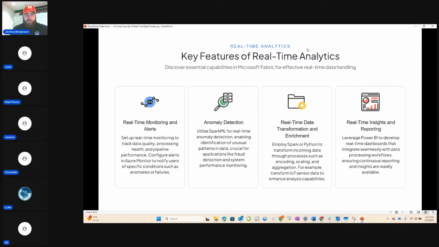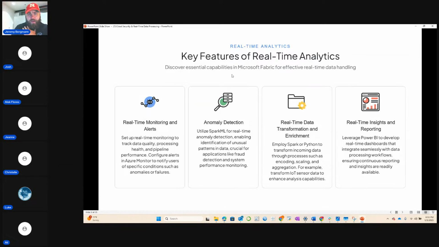Okay, key features of real-time analytics. Some of the essential capabilities in the Microsoft data platform for effective real-time data handling. First, real-time monitoring and alerts. Set up real-time monitoring alerts to track data quality, processing health, and pipeline performance. You can do all of this in Azure Monitor.